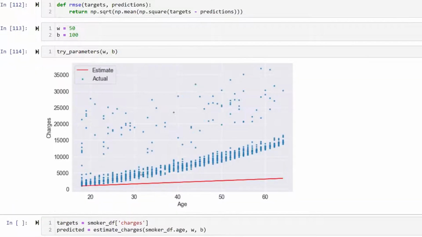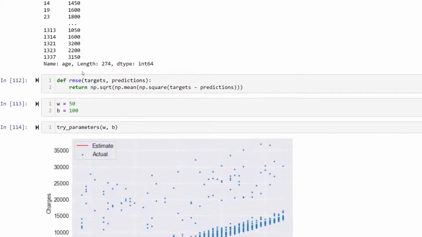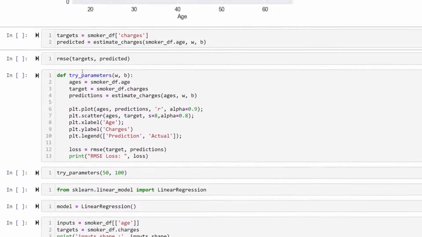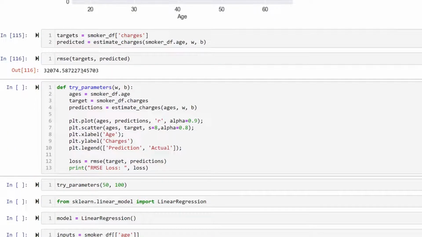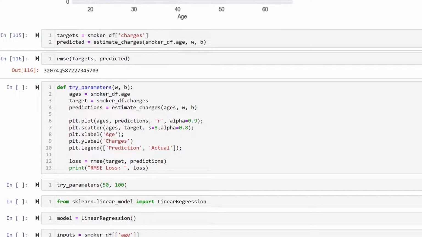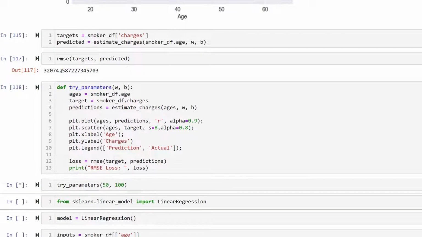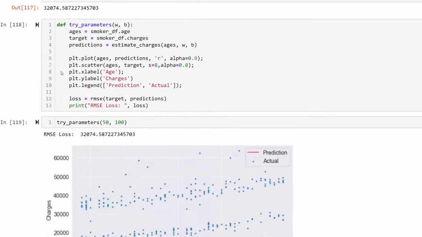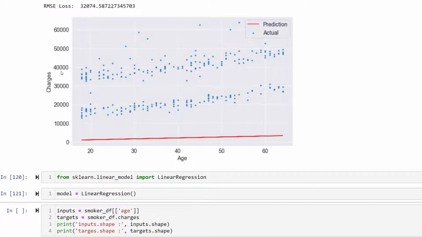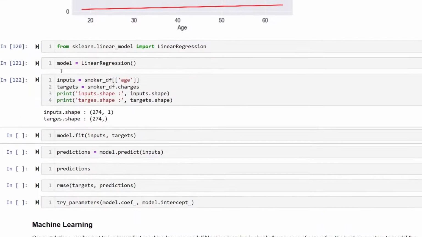Okay, let's try the same parameters, 50 and 100, as I took before. Okay, like this we can draw. In these situations, the root mean square error will be 32,074. That means a huge amount of data has been lost and our predictions will be completely wrong. Let us try to change the parameters to make the line best fit the model.